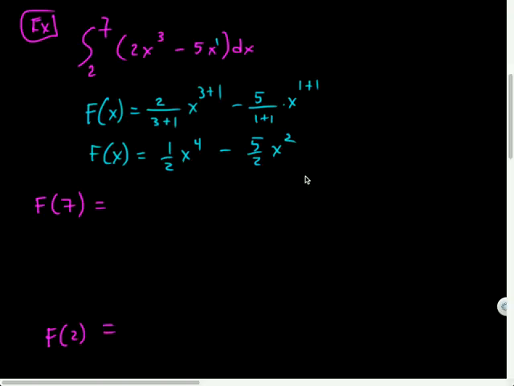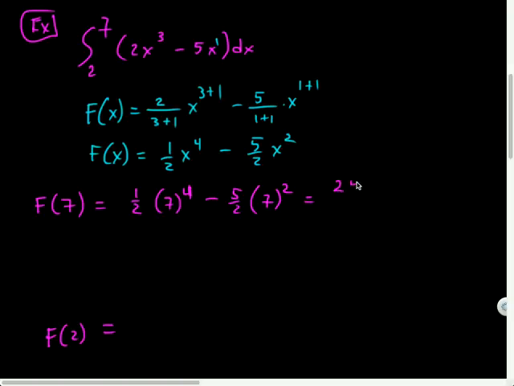Good news, everybody. Good news, everyone, is what Professor Farnsworth would say when he's introducing the fundamental theorem of calculus to, say, the cast of Futurama. So 1/2 of 7 to the 4th. Yeah, this is still PEMDAS, really. Minus 5/2 times 7 squared. So let's see. 7 to the 4th. Yikes.